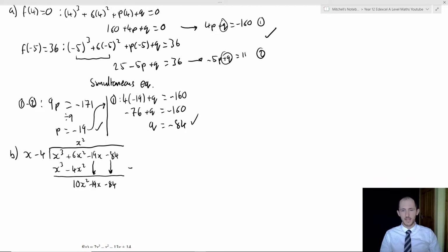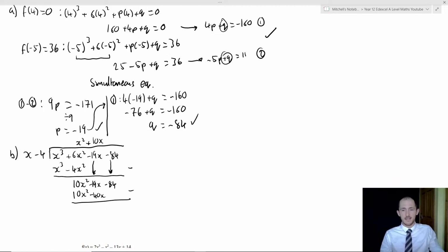Cool. Then again, we start the process again. Divide. So 10x squared divided by x gives me plus 10x. 10x times x gives me 10x squared, and again, the first thing should always cancel. 10 times minus 4 is minus 40x. There we are. Subtract again. 10x squared minus 10x squared is again 0.